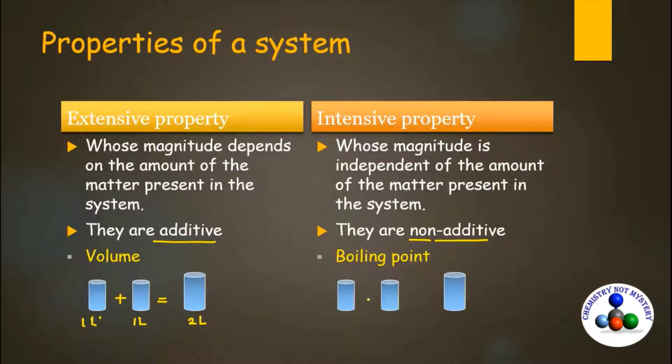If we take the same example, when you add 1 liter glass of water, it results in 2 liter glass of water. But the boiling point of 1 liter as well as 2 liter are both 100 degrees centigrade. Here you can see boiling point is non-additive. That's why it is an intensive property.